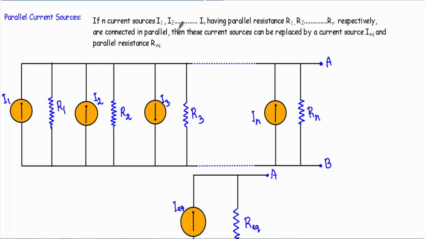Now let me talk about parallel current sources. If n current sources I1, I2, In having parallel resistance R1, R2, Rn respectively are connected in parallel, then these current sources can be replaced by a current source I equivalent and a parallel resistance R equivalent.